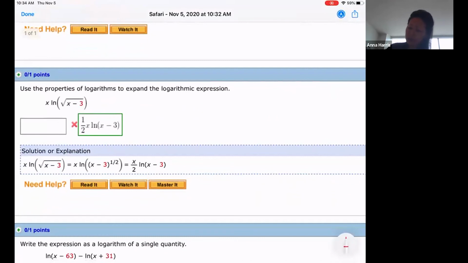Problem, you need to just write this problem as what? Expand the expressions to log x minus 3 to 1.